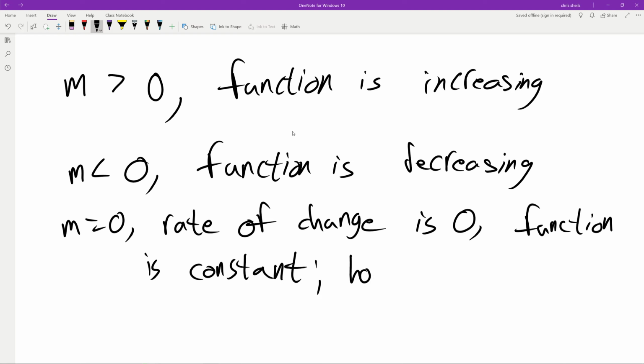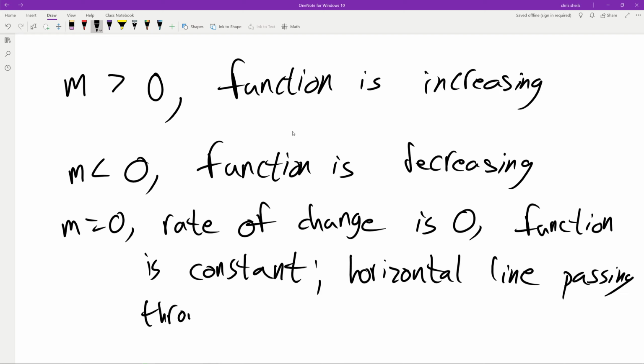It's a horizontal line passing through the point (0, b). This neither increases nor decreases.